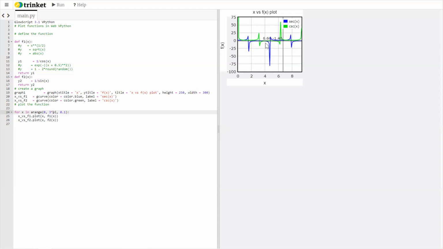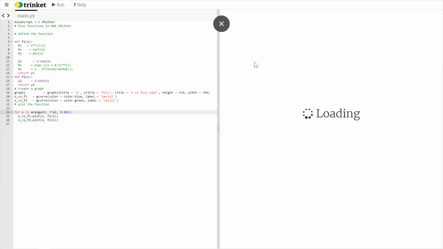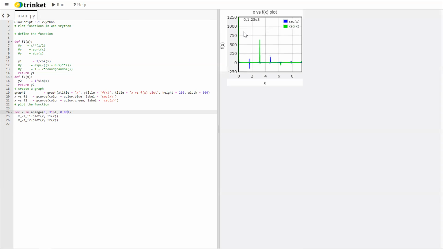Here we can see the cosecant and secant functions. Again, you can increase or decrease the step size to see larger values in y at values pi over 2 or increments of pi over 2.